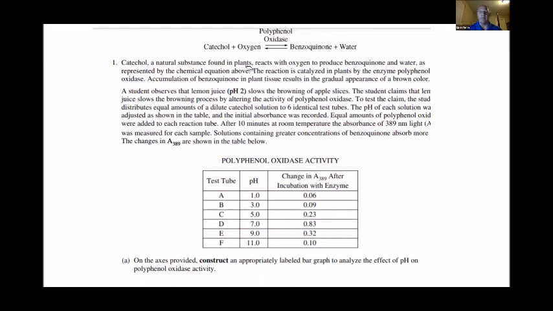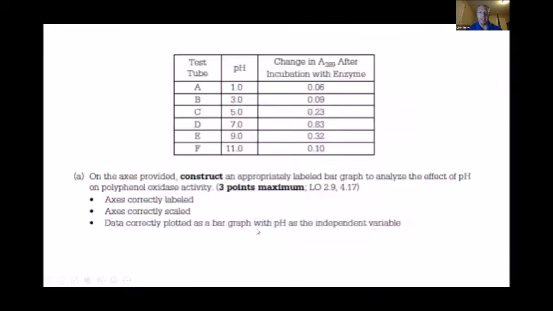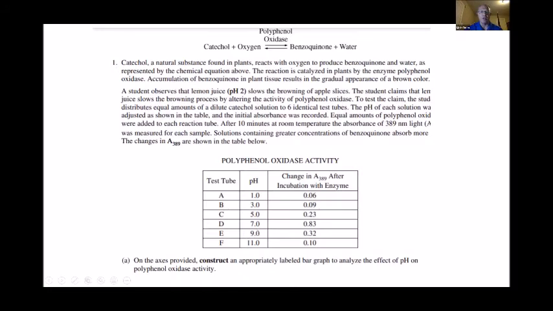So if we go down to the bottom of the screen, on the axes provided, construct an appropriately labeled bar graph to analyze the effect of pH on polyphenol oxidase activity. First of all, always pay attention to the verbs in the question.